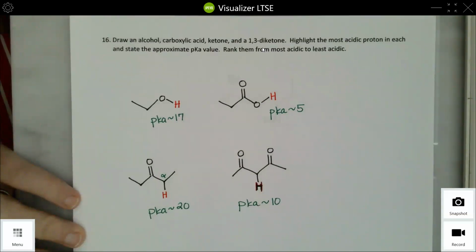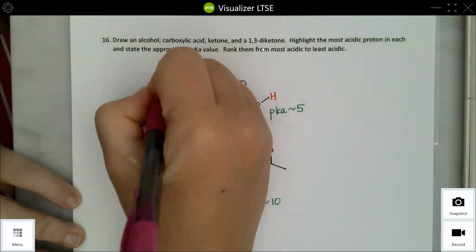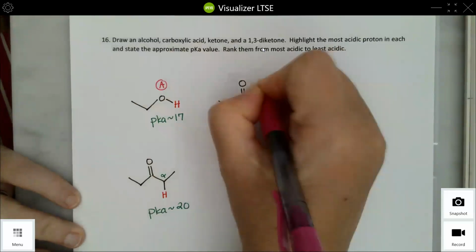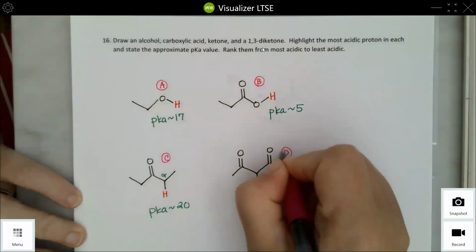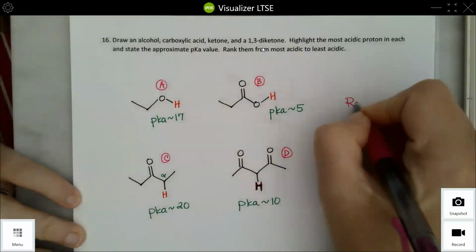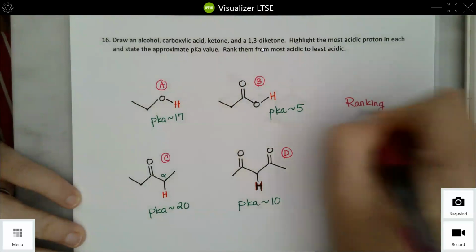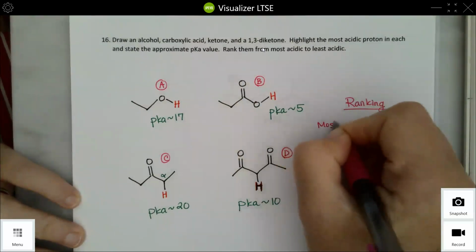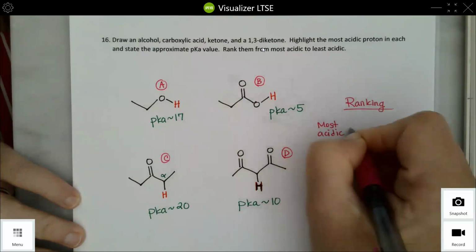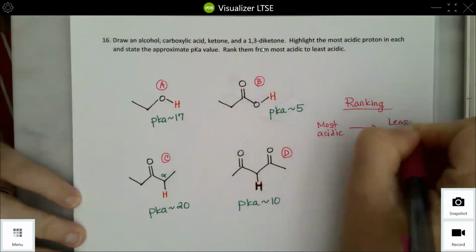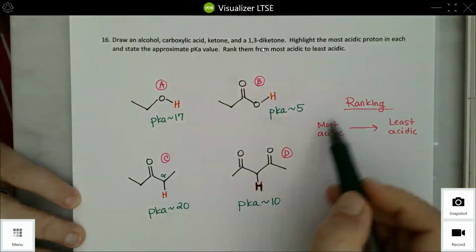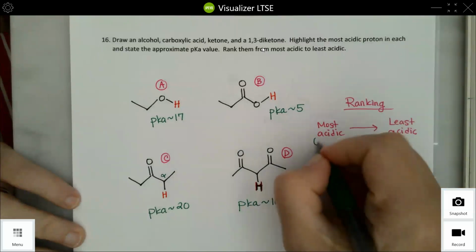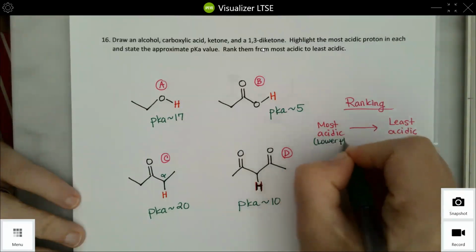So if I was to give all of these a letter value, we'll call this A, we'll call this one B, C, and D. So if we were doing a ranking, and we want to go from, it said, from most acidic to least acidic. So we want to remember that the most acidic ones will have the lower pKa.